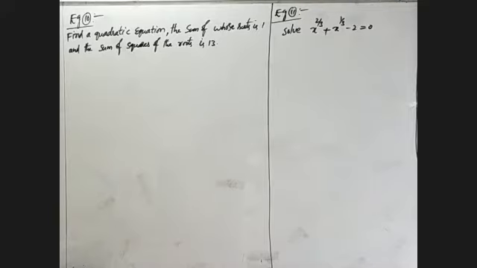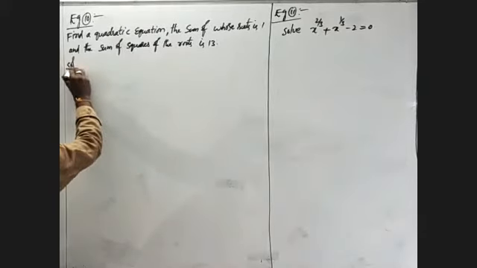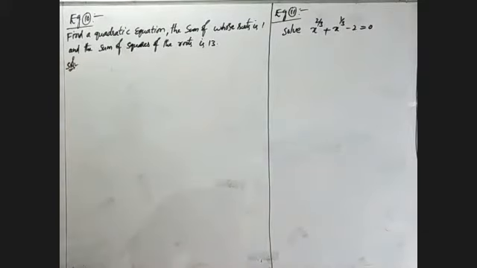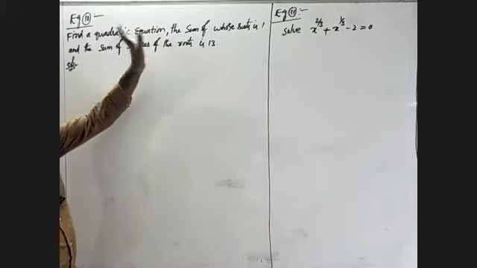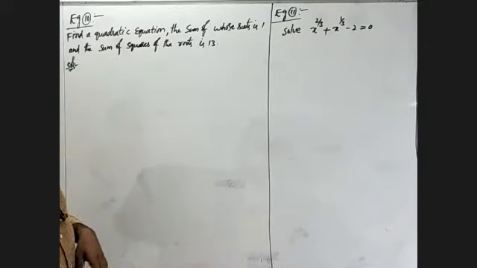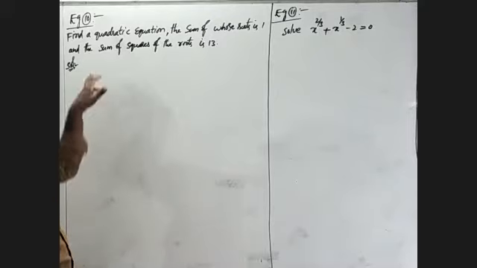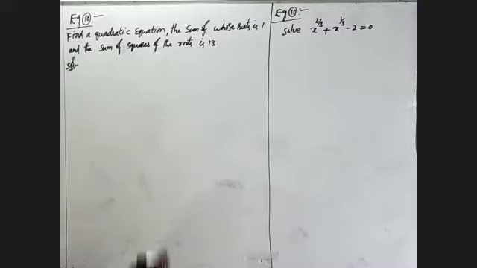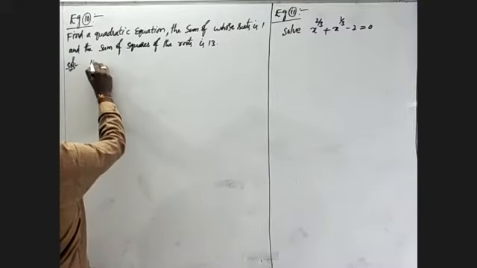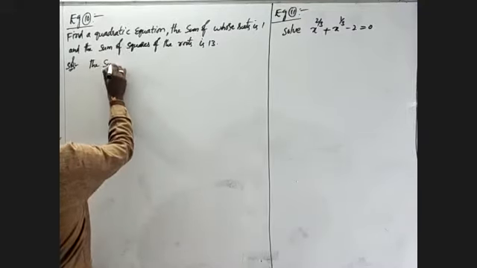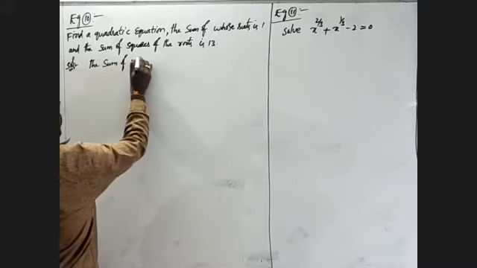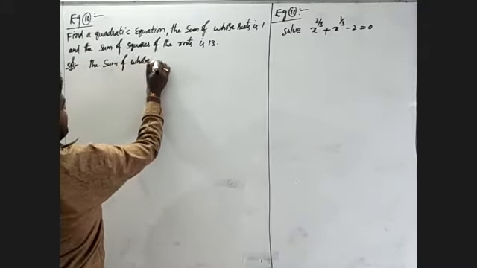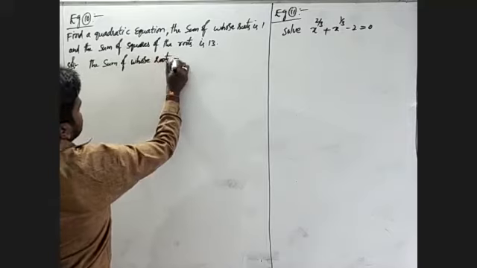Okay, first I will explain example 10. I have to find a quadratic equation. The sum of whose zeros is 1 and also the sum of squares of the roots is 13. First we will write the sum of whose roots is equal to 1.